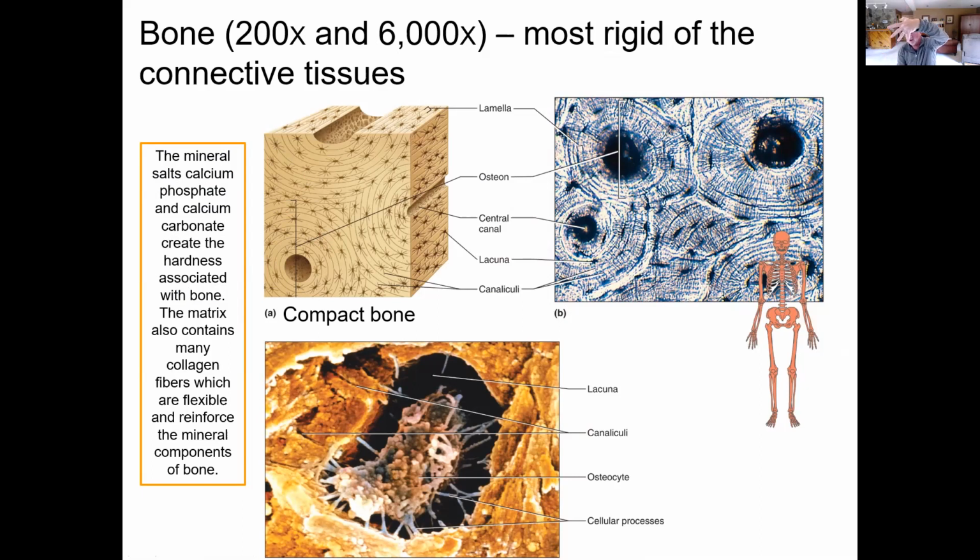So pretend my fingers are the little hollow tubes, minute little tubes in the lamellae. And this is coming from one osteocyte, this is coming from an adjacent osteocyte, and they kind of like do this. They don't touch, but they get really, really close. And so this is how you get nutrients moving throughout the entire osteon.